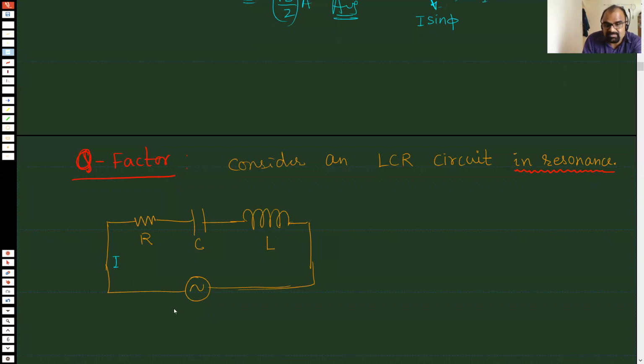By the way, let's say voltage is V and angular frequency is omega. Normally we write voltage and frequency, but you can sometimes write angular frequency also, because angular frequency and frequency are frankly 99% same. Only a factor of 2 pi is there. Omega is 2 pi f. We have talked about it many times.